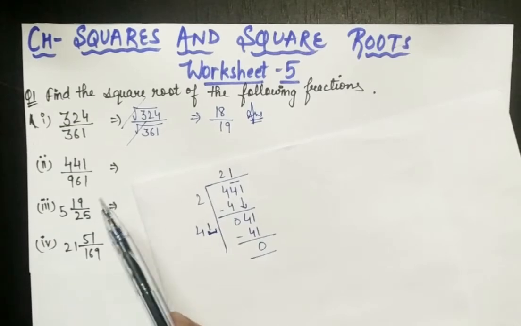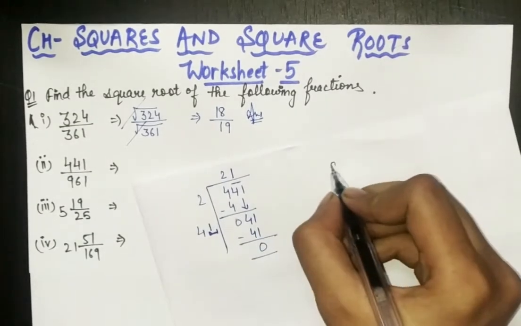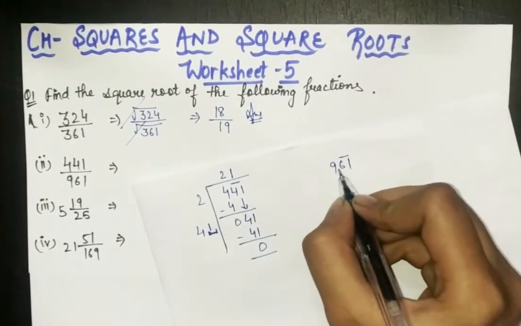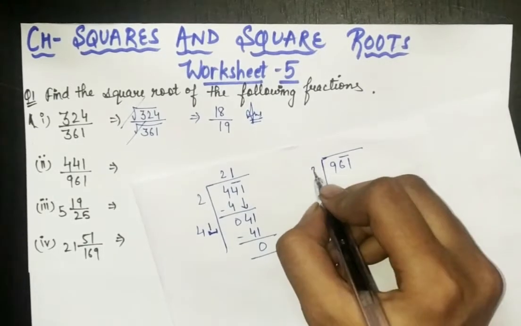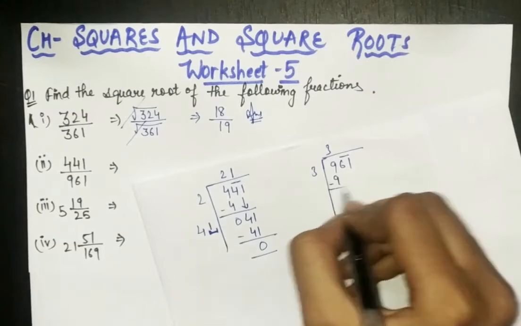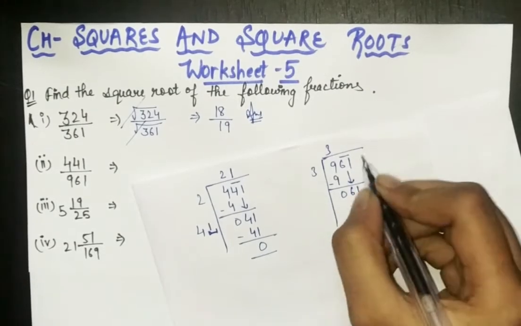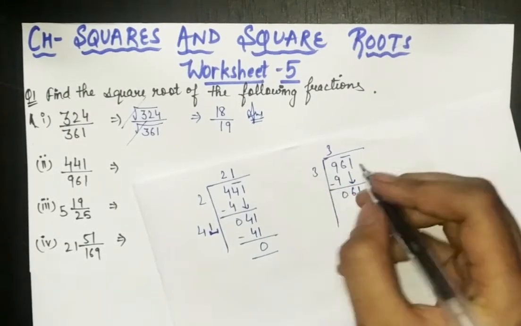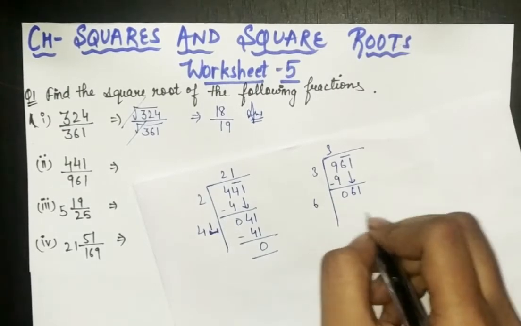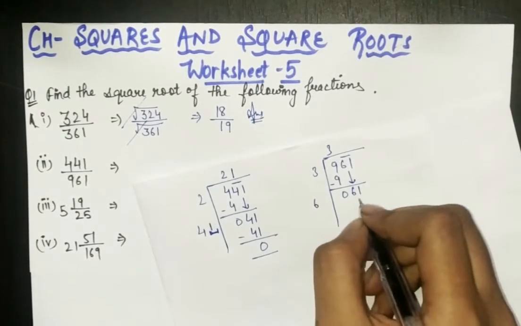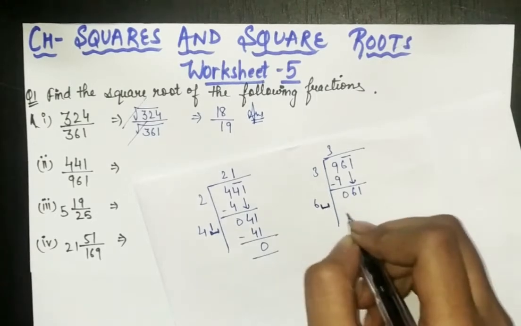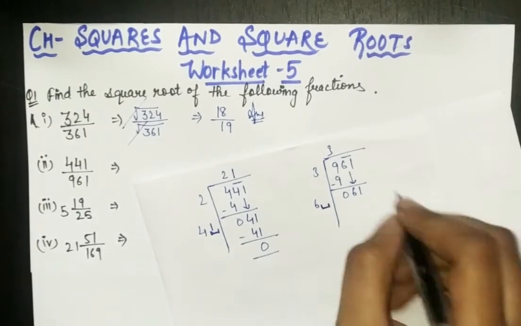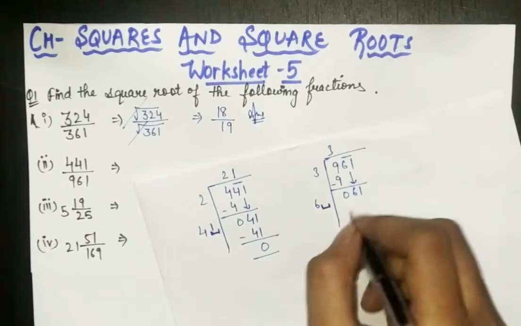Similarly you can do with 961 also. First pairing, then you all know that 9 is the square of 3, so 3 times 3 is 9, then 0 and then 61. Double of 3 is 6, so you will write 6, and 1 you want with just 61. So you know what number we have to put so that this will be completely divisible or smaller than this.